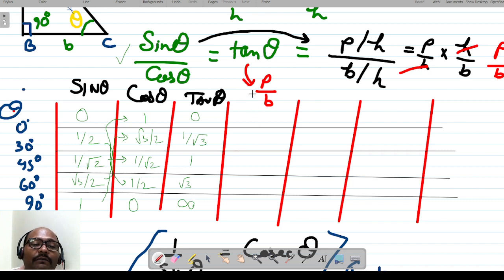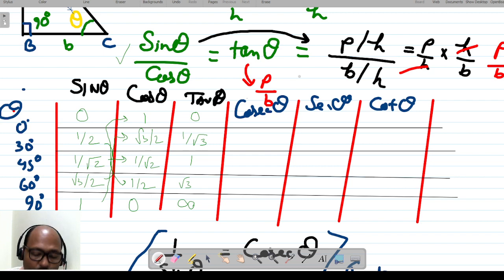So here we will take the other trigonometrical terms. What was the opposite of sine? Yes, you are right, cosec theta. Opposite of cos, sec theta. Then cot theta.